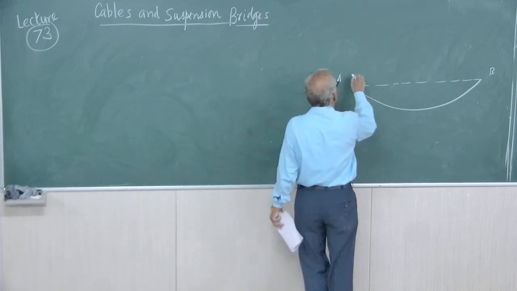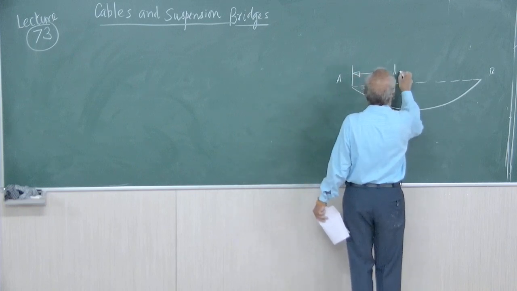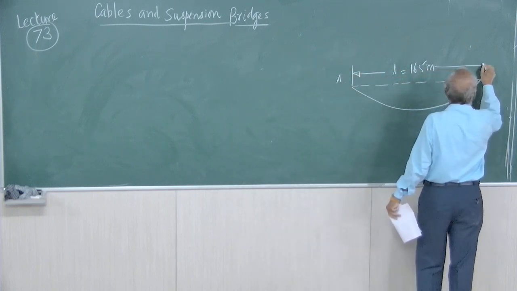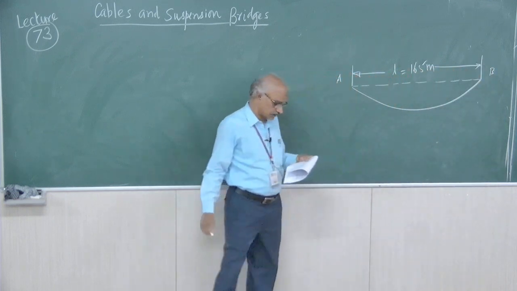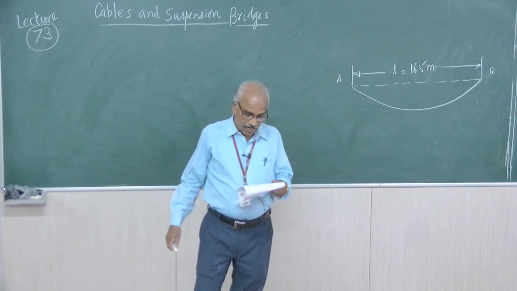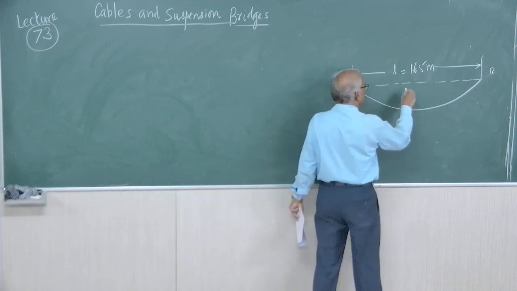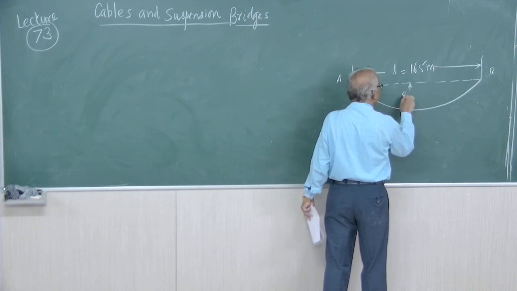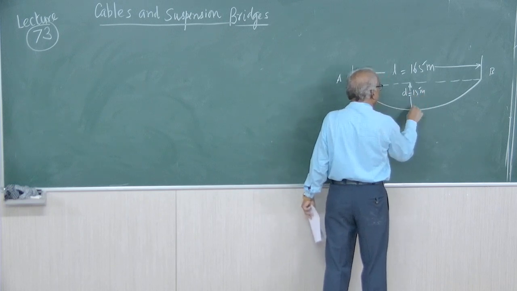So the value of L equals 165 meters. And maximum dip of 15 meters. So dip is maximum, but we do not know where the maximum dip will occur. D equals 15 meters. We just mark it, but it is not at the center.